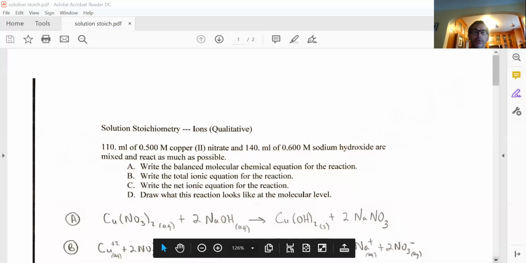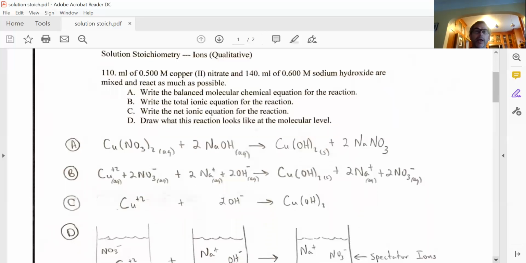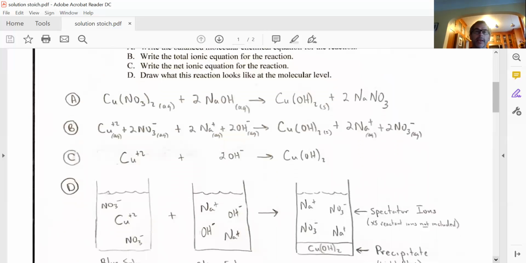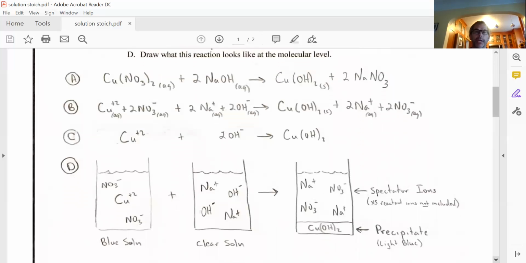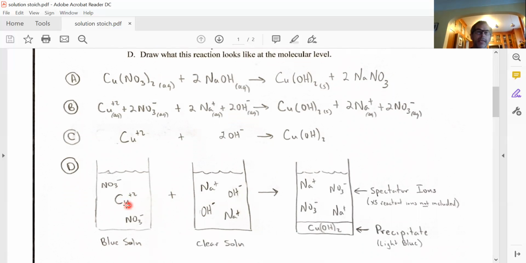All right, let's go to the next thing, and that is breaking up what really happens when these things get put in water. And to write the total ionic, I think I'm going to scroll down and look at this picture. So I have a container with copper nitrate in here, and there's not just one molecule. There's millions and millions. But what happens is copper nitrate is really strongly attracted to each other.